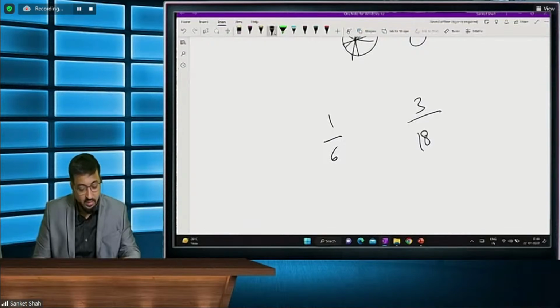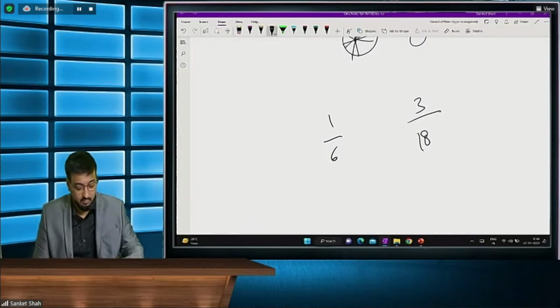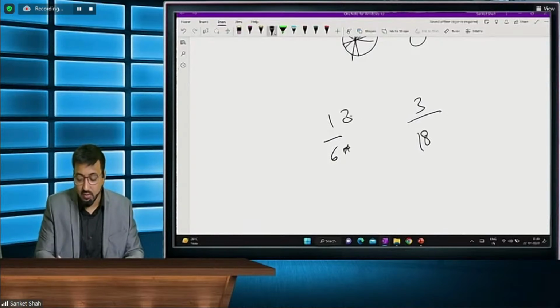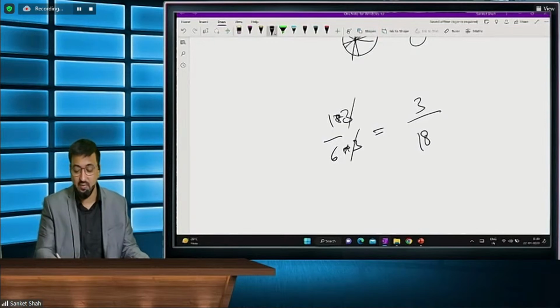Which is greater, beta? Rajesh Kumar Singh says 3/18. How are you saying that? These are both the same. 1/6 into 3 and 6 into 3, so 3 will get cancelled.